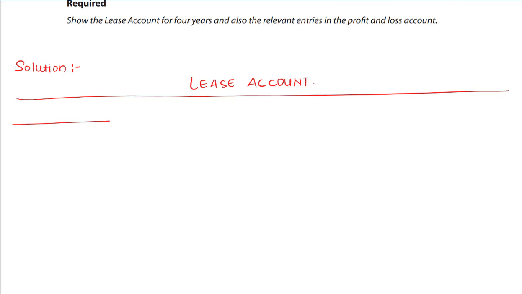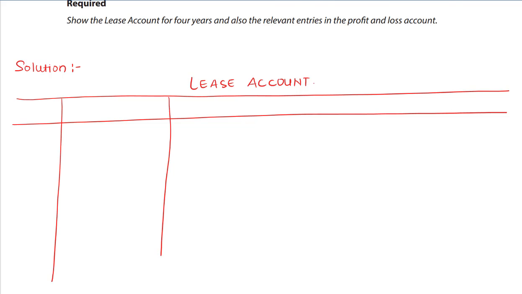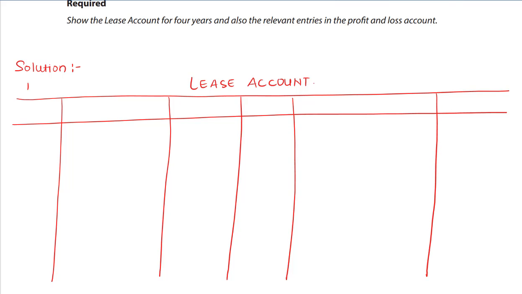Date, particulars, amount on the debit side, and date, particulars, amount on the credit side. Amount would be in rupee form.